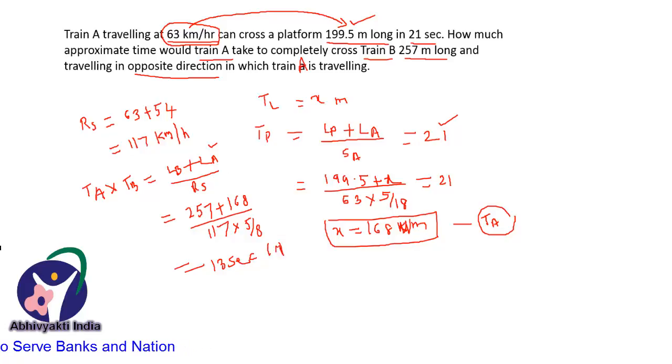Therefore the time taken by train A to cross train B is 13 seconds.